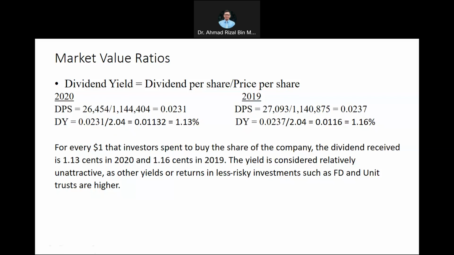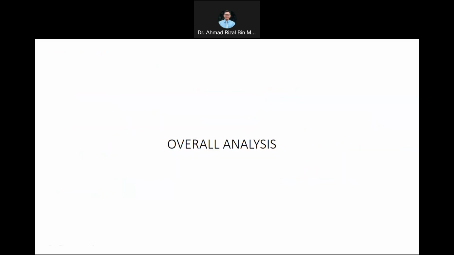If you include the potential capital gain, it may be much higher. But that is subject to further analysis, mainly using fundamental analysis, which we are not going to cover. So your coverage should be up until the calculation of dividend yield and how to interpret whatever the dividend yield measures that you calculate.